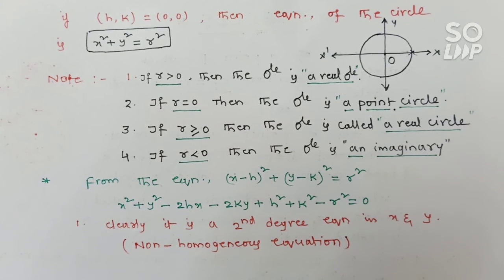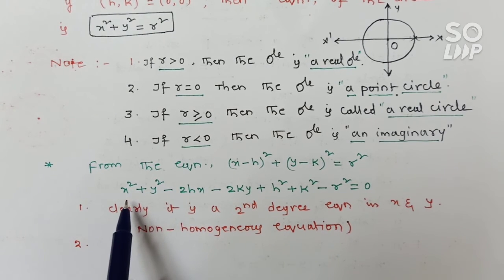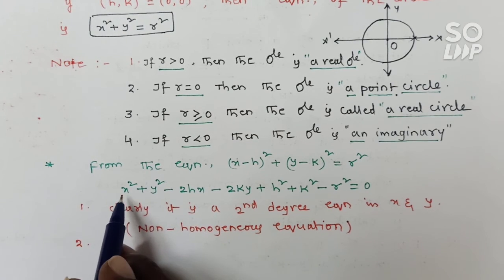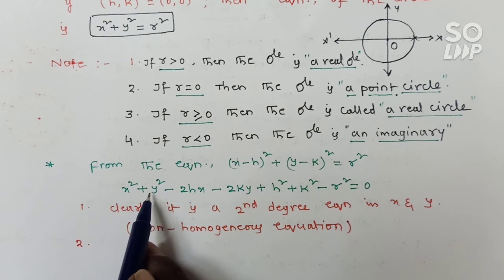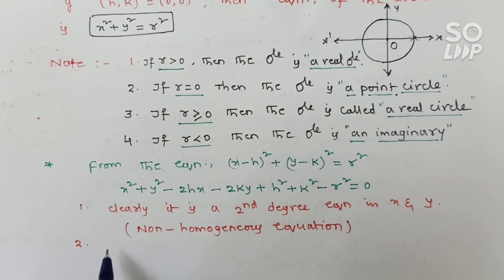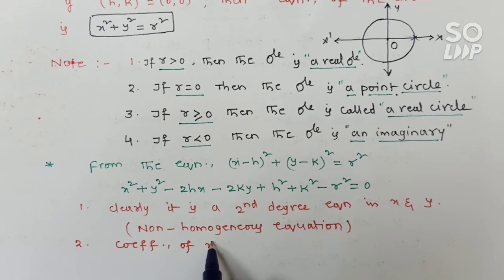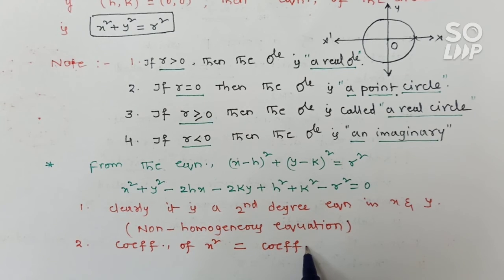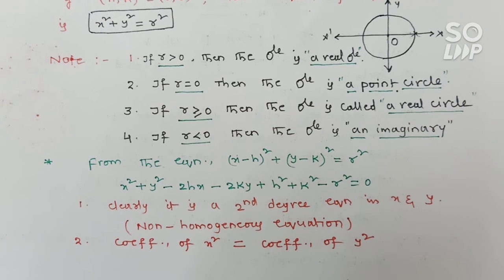That is another expression. Right. Next, see the second point. In this expansion, the coefficient of x square and the coefficient of y square are both equal. Here the coefficient of x square is 1 and the coefficient of y square is also 1. So you can write that the coefficient of x square is equal to the coefficient of y square. These are very important things.